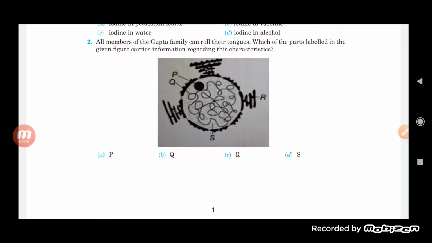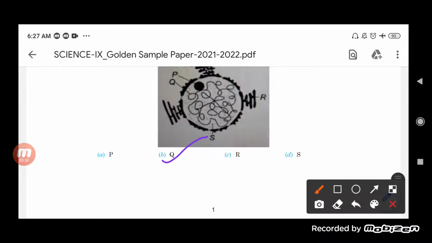If you look at the structure of the cell, this is the structure of the nucleus. Which part of the nucleus helps in carrying the information of these characteristics? It is the chromosome which is responsible, and the chromatids are here, at Q. So option B, that is Q, will be the correct option.